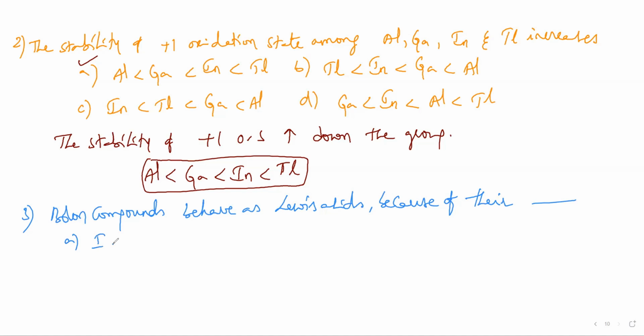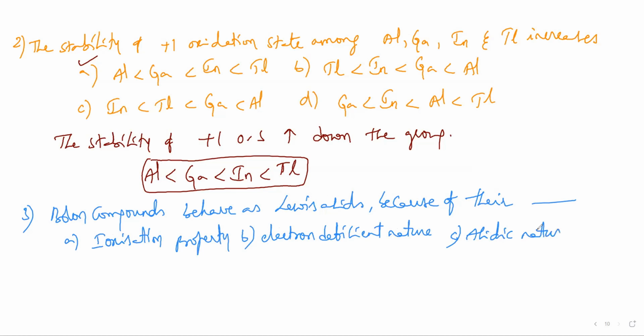Options: ionization property; next, electron deficient nature; next, acidic nature; next, covalent nature.